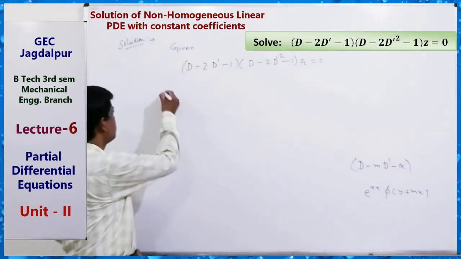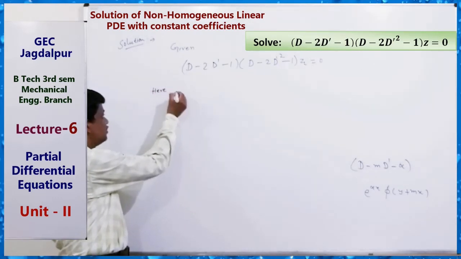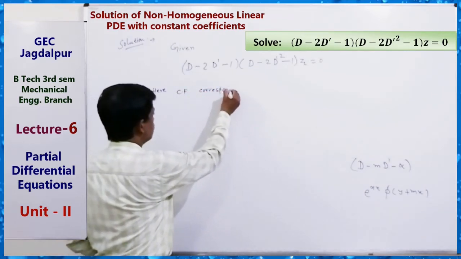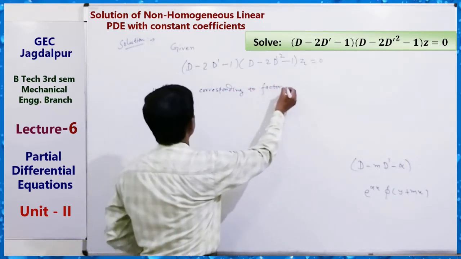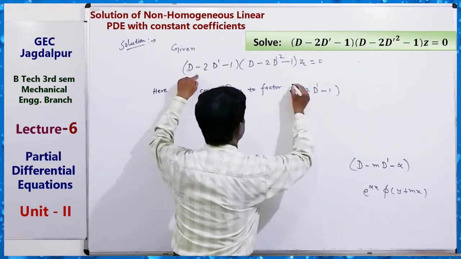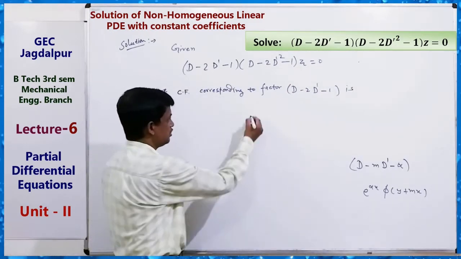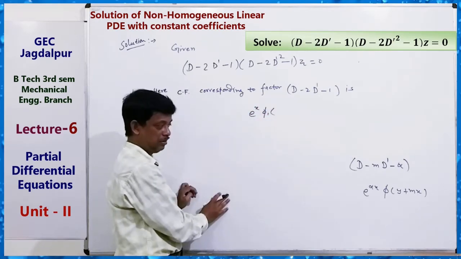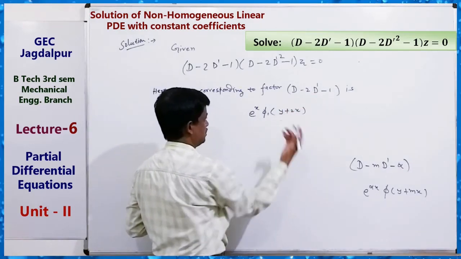So here, CF corresponding to the factor D minus 2D dash minus 1 is what? By using this rule, e to the power alpha x, meaning 1 x, phi 1 of y plus mx, y plus 2x.